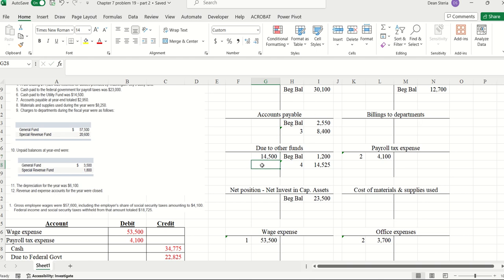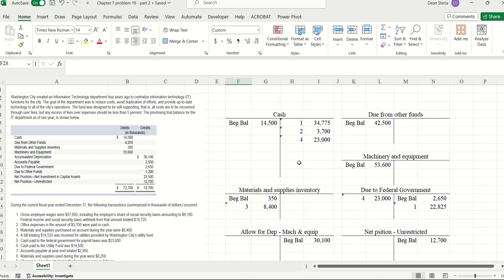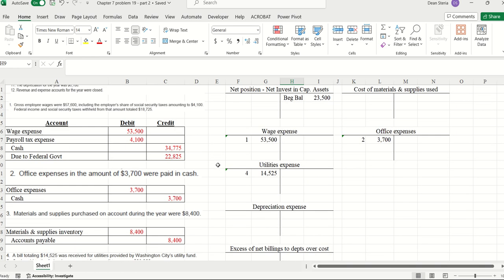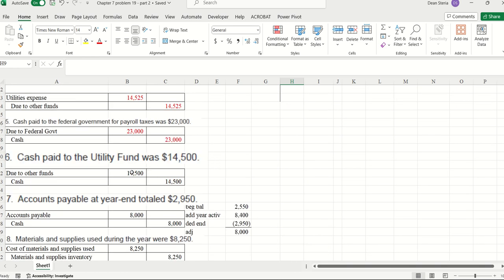And this is 6. And then we're going to hit cash for $14,500 also. And that is 6. So we got them.